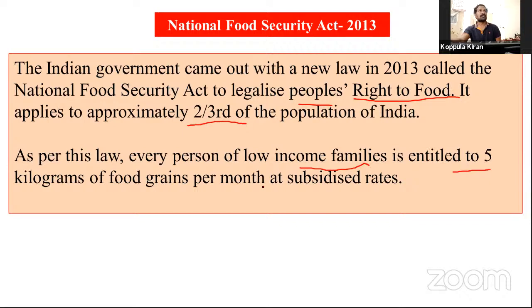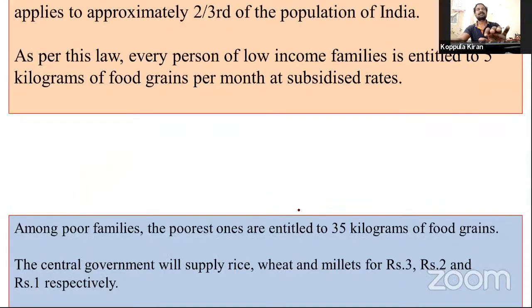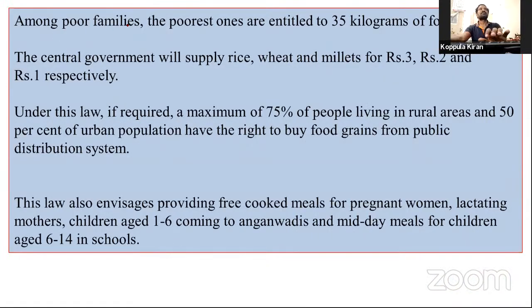In our Telangana state, the government provides every person 5 kilograms of food grain from the PDS system ration shop at very low, fair prices.